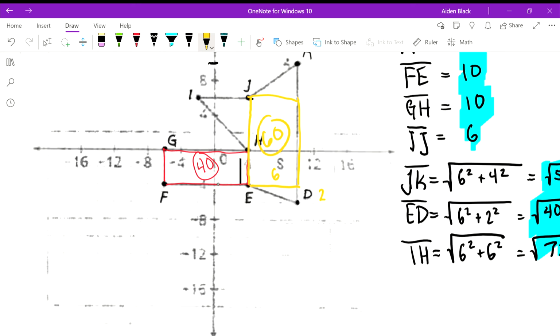So this is 6. We know this side length is 6. This height right here is 2, 4. So we do 6 times 4 divided by 2. That's 24 divided by 2, which is 12. So I have 12 right there.